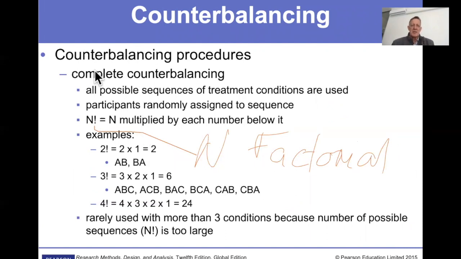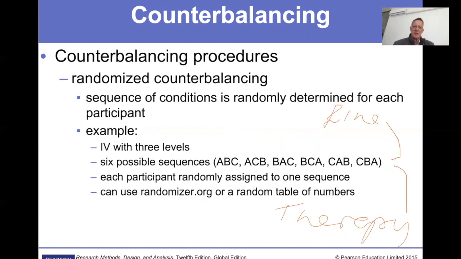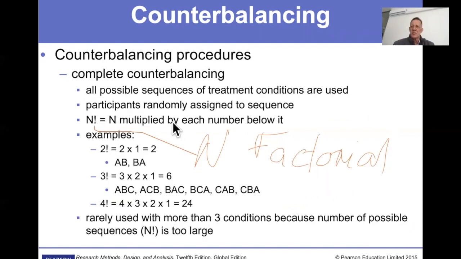Complete counterbalancing means that, like in that particular instance, you use all possible sequences. But the problem is, as soon as you go over 4 levels of treatment, then it becomes really, really tough.